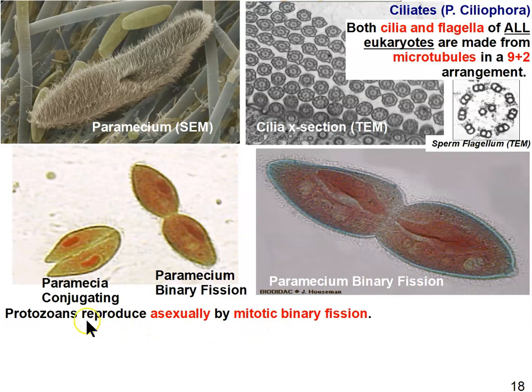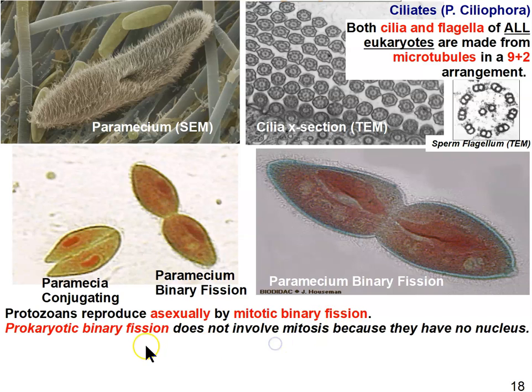So protozoans reproduce asexually by mitotic binary fission. And you have to specify mitotic because, if you'll recall, prokaryotes also reproduce by binary fission. Binary fission just means splitting in 2. But in prokaryotes, they don't have a nucleus. Therefore, it's not mitotic binary fission.